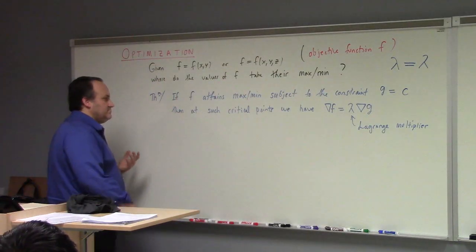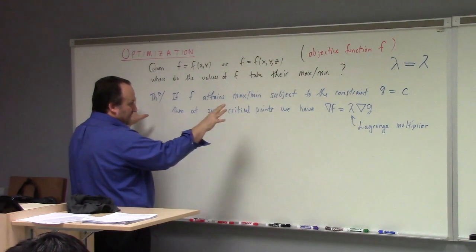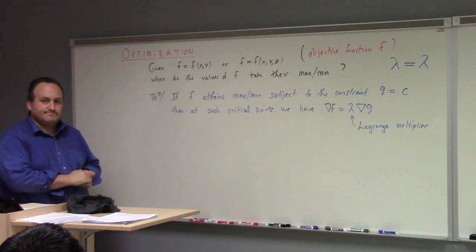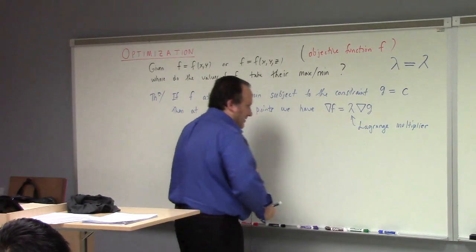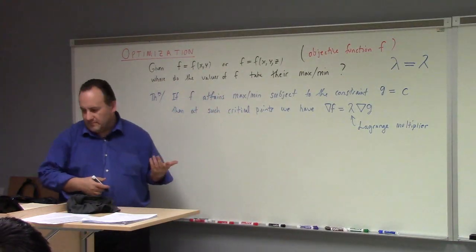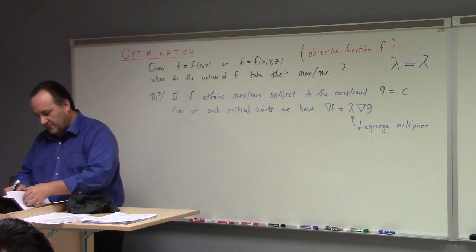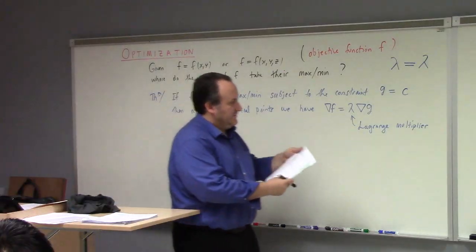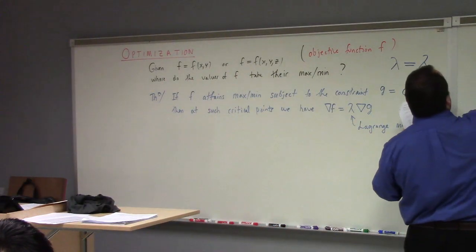Anyway, understand this is how it works in either 2 dimensions or 3 dimensions. Let me show you an example of it before I show you the proof. I'll show you how this works. I like this example. This is a good example. Example 1.